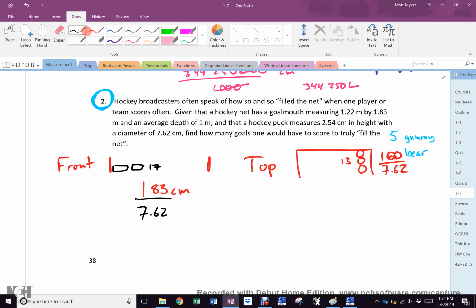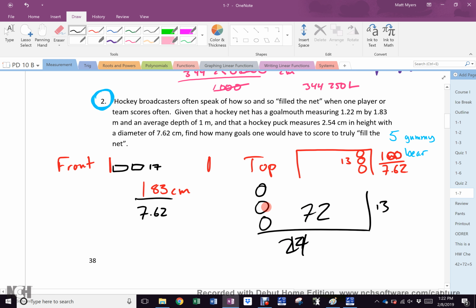So now I know I have 17 pucks across the bottom and 13 pucks back, which gives me what? 17 times 13, which is my base area, correct? Okay, great. 24 times 3. I got 72 pucks that fit on the ice, yes?